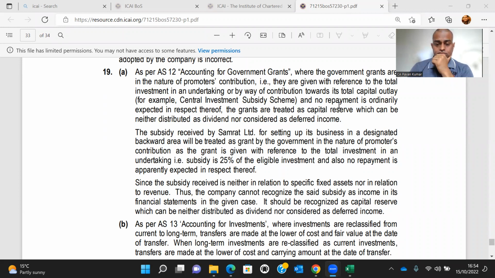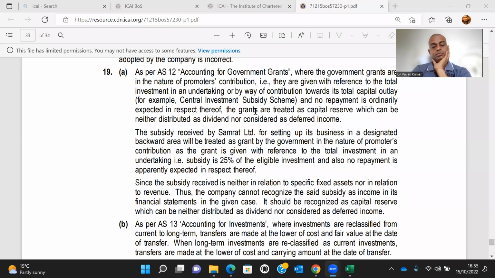As per AS 12, accounting for government grants, where the government grants are in the nature of promoters' contribution, that is, they are given with reference to the total investment in an undertaking or by way of contribution towards its total capital outlay, for example, Central Investment Subsidy Scheme, and no repayment is ordinarily expected in respect thereof. The grants are treated as capital reserve, which can be neither distributed as dividend nor considered as deferred income.